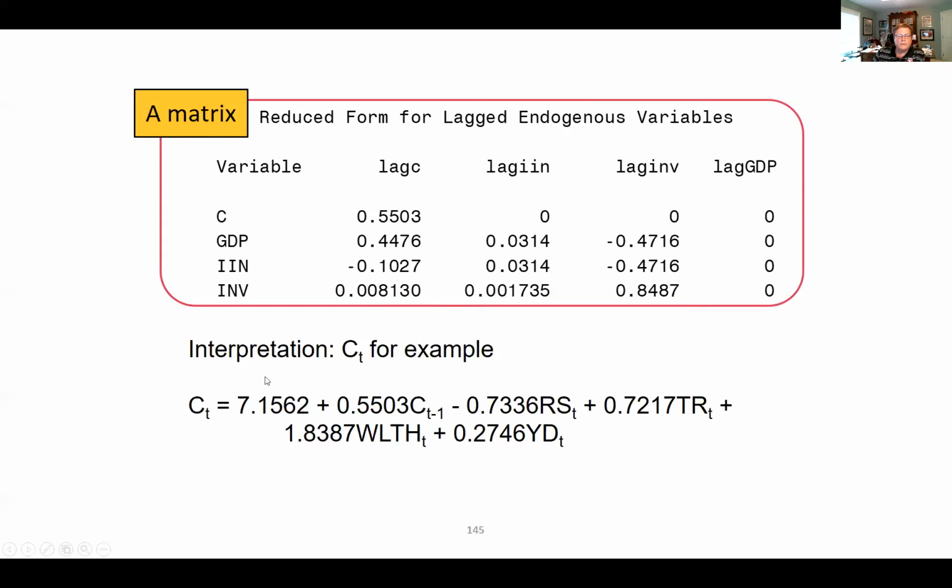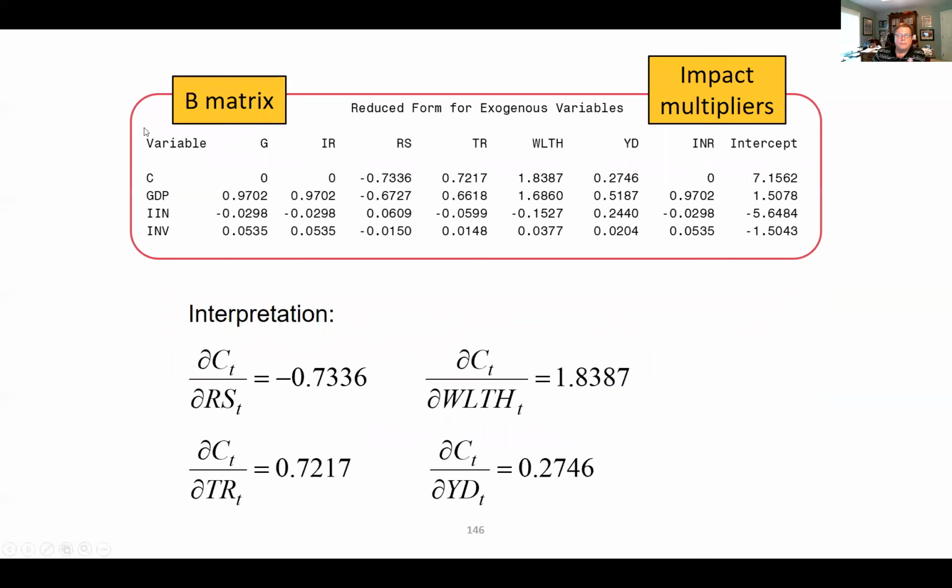So if we were to write this out, C here would have part of it in it, 0.5503 times lag C, but not the other lags. In the GDP equation, we'd have lags of C, IIN, and INV, and the same thing would be true for IIN and INV.